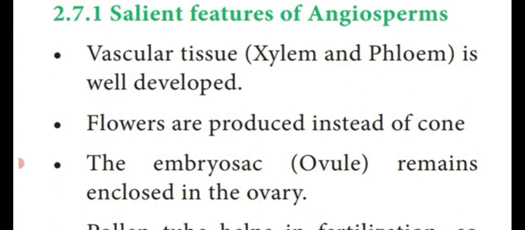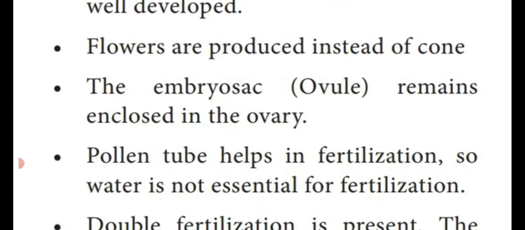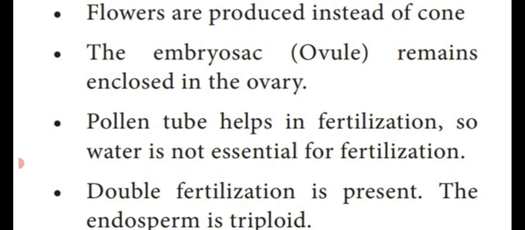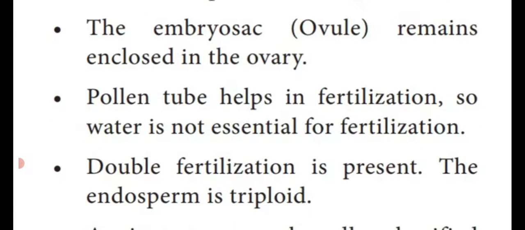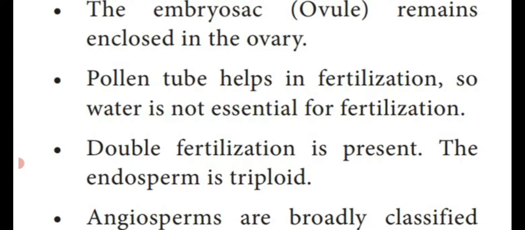Now we are going to see an important 3-mark and 5-mark question: characteristic features of angiosperms. Vascular tissues are well developed. What is that? Xylem and phloem are well developed. Flowers are produced instead of cones. Then the ovule or embryo sac is located inside the ovary. Then the pollen tube helps in fertilization, but water is not essential for fertilization.